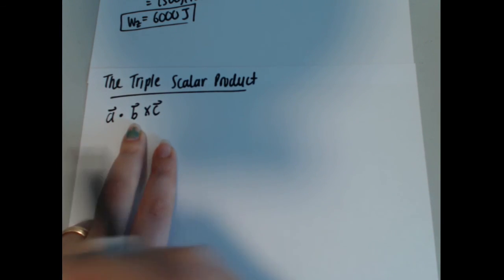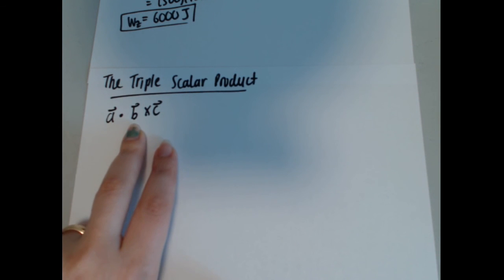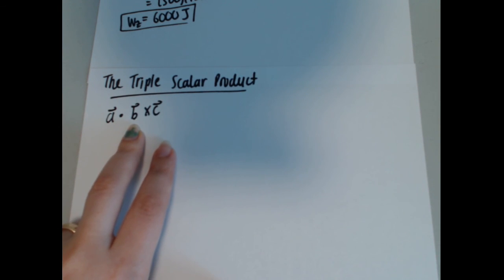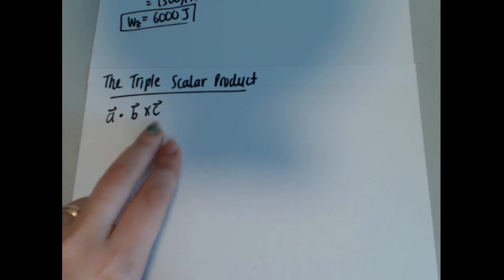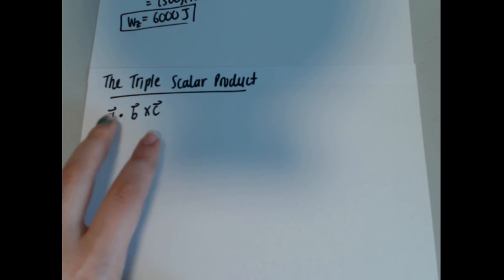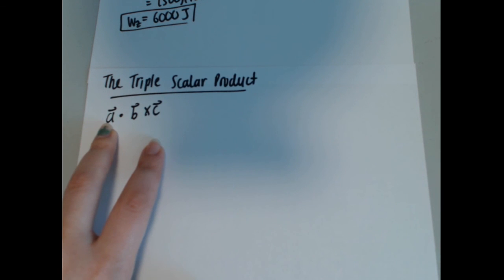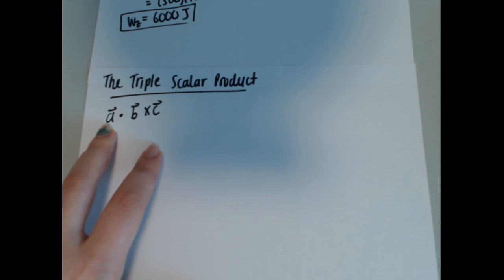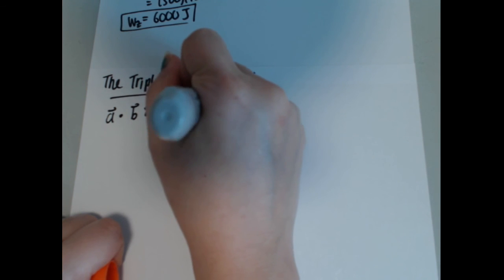So if I have vectors A, B, and C, this is what a version of the triple scalar product might look like. So B cross C, I know that the cross product is going to return a vector. I can take that vector and then have it dotted with vector A. Now what's really important here is that you have to do B cross C first, and then you do A dot the new vector. So let me just write that down here.